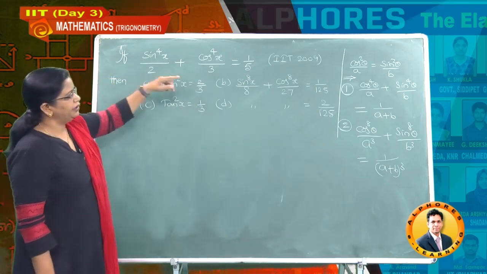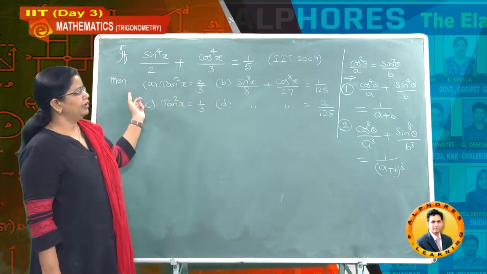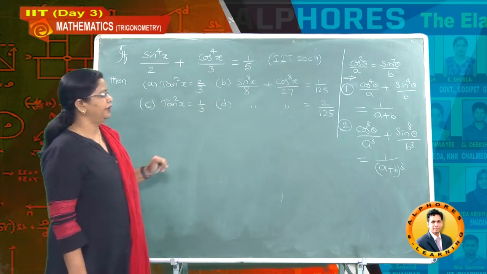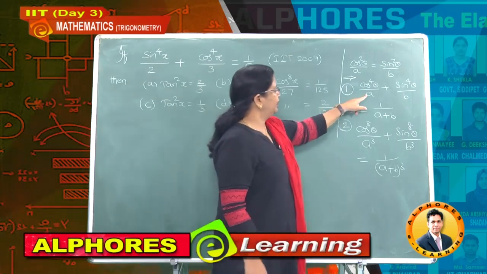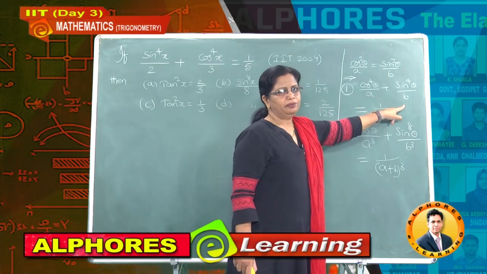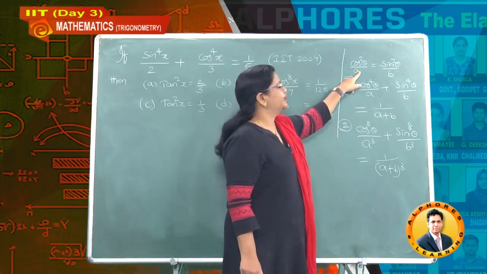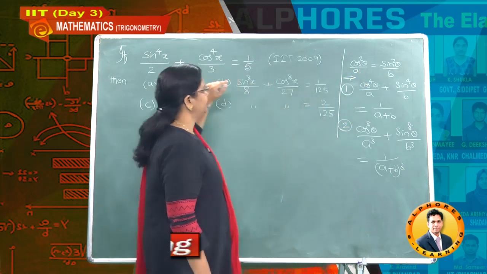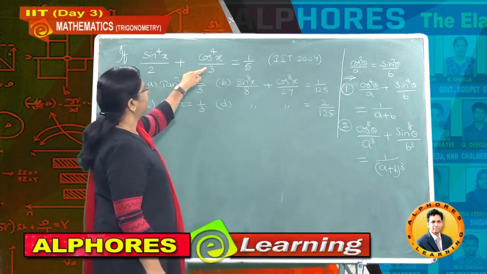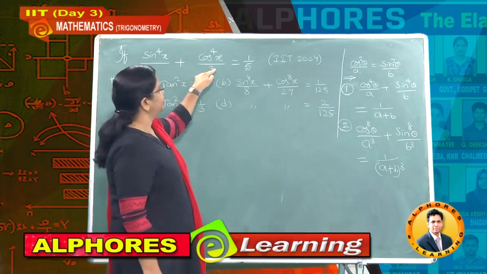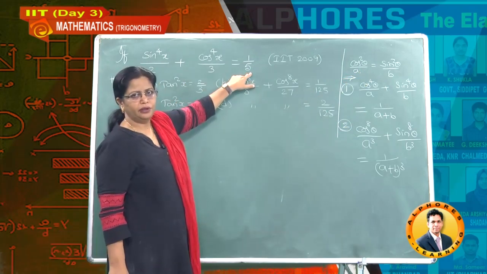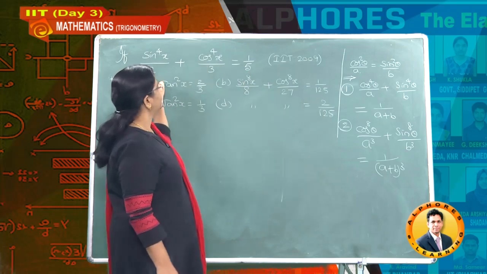Now this problem and that one, just observe what any similarities you can find. Cos to the power of 4 theta by A plus sin power 4 theta by B, this result you got when you have this condition in hand. Now this problem you observe 2 is here, 3 is here, 2 plus 3, what is the value? 5 here. Now when can this happen?